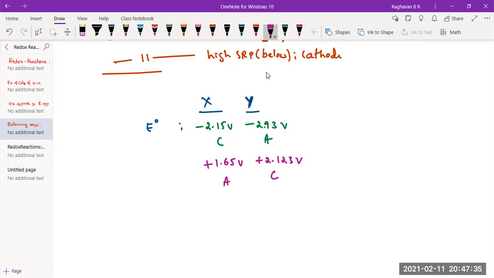So cathode, this is plus 1.65, is low. Next data: one liberates hydrogen from acids, the other has no liberation. Which is anode, which is cathode? If Y is dipped into HCl, it doesn't liberate hydrogen. X liberates.